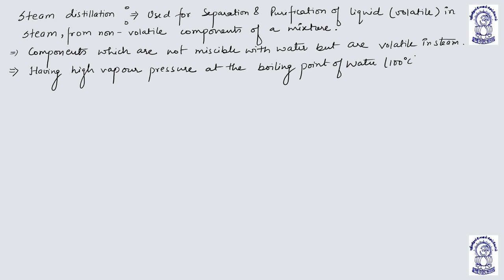When water boils at 100 degrees Celsius, the components of the mixture reach their maximum or very high vapor pressure. Then they should contain non-volatile impurities. Impurity should be non-volatile. Okay.